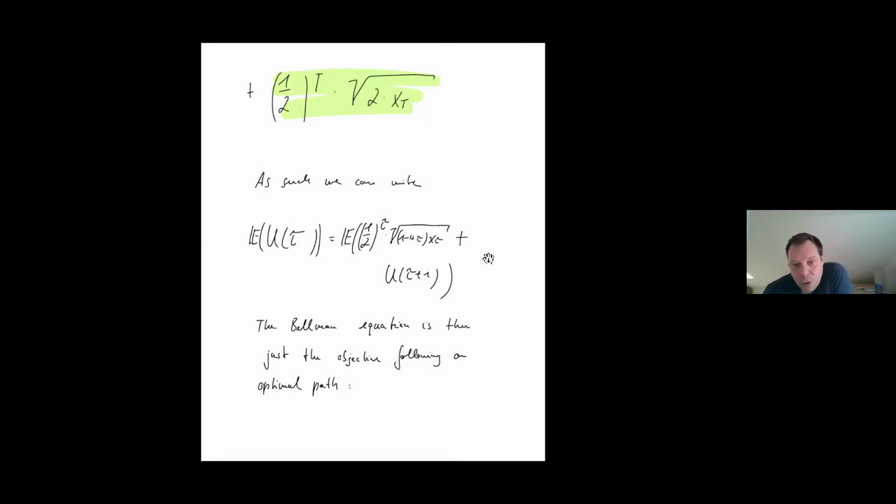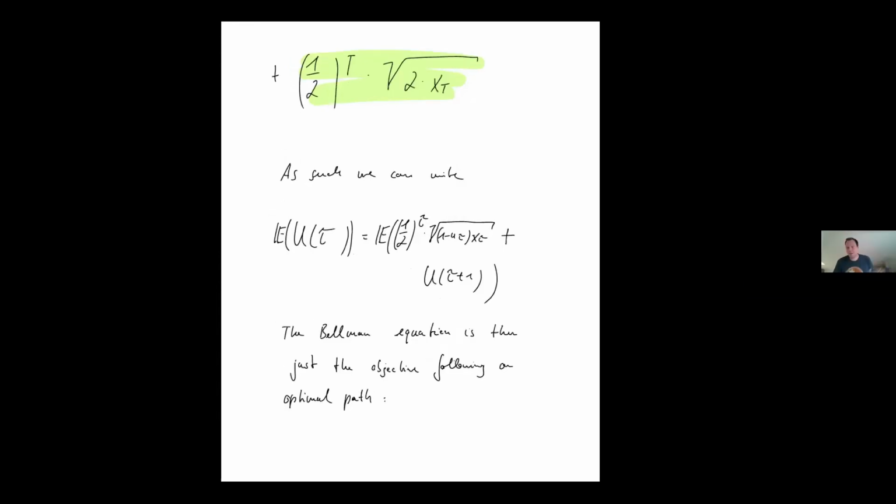But the recursive structure just remains the same, right? The only thing that you do is that you say, well, this utility that you have at the beginning of your planning horizon, once you follow the optimal path, is just abbreviated and labeled as the v of x tau. So this is the value that you have in tau if you have a state that is labeled x tau.